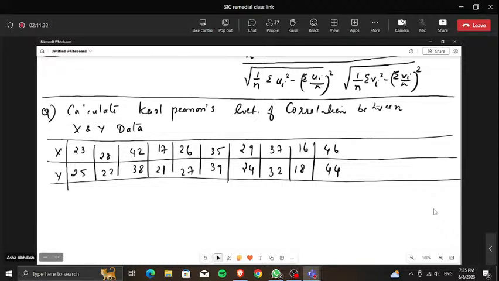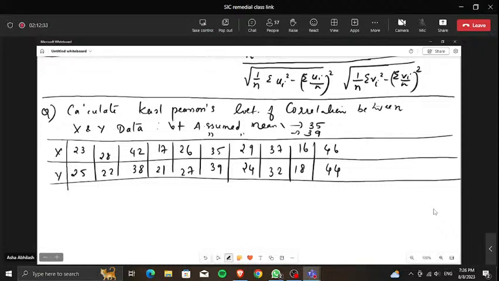The smallest value in X is 16 and the highest is 46, so it's near about 35. Let the assumed mean for X be 35. For Y, the smallest is 18 and the highest is 44, so we can take 39.